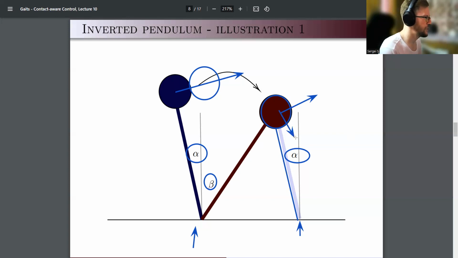Like it was going this way, and now it instantaneously goes this way, okay? So this is a little bit strange about this model. You can imagine the collision with the ground instantaneously changes the velocity of the center of mass. This may look strange to you, but that's what we call a rimless wheel.